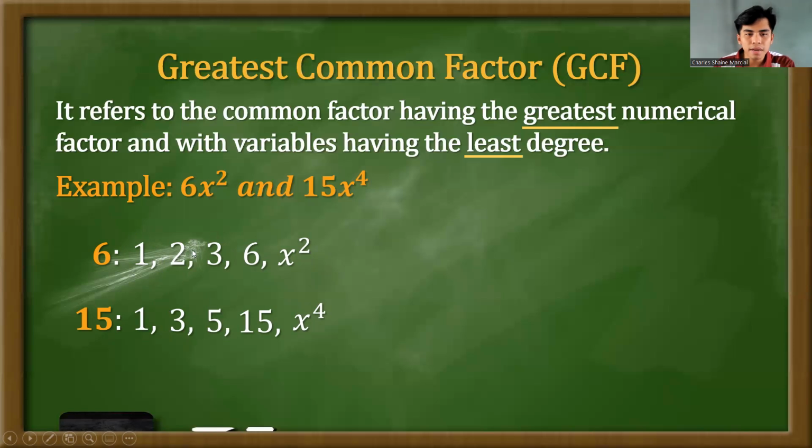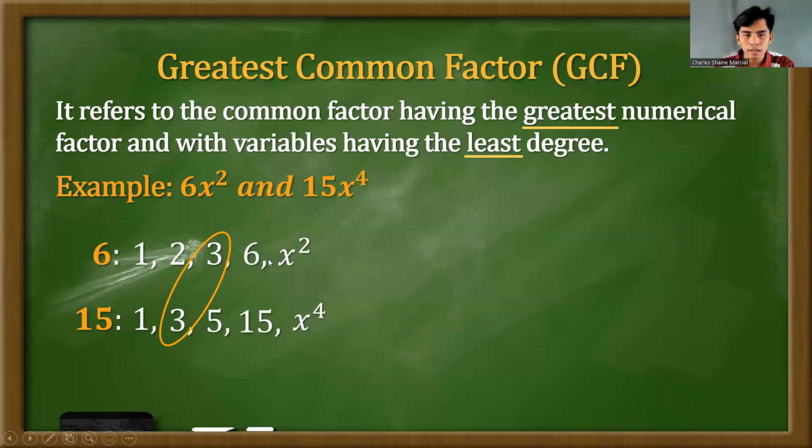Now, iisipin natin kung alin yung kukunin natin. So sabi dito, kailangan yung greatest numerical factor. So yung kukunin natin na GCF is 3. And dito naman sa variable, itong x squared and x raised to 4, ang kukunin natin is yung may least exponent or degree.